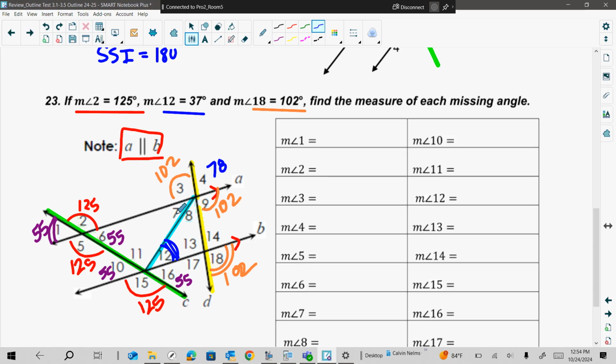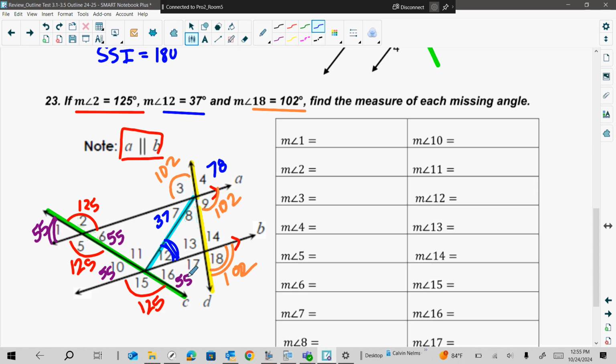Okay, so let's talk about 7 and 8, and then these 13s. I'm using this transversal. This blue transversal makes angle 2 and with line B. This angle 12 is an alternate interior with angle 7. So that means it would be 37 as well. Alternate interior, okay.